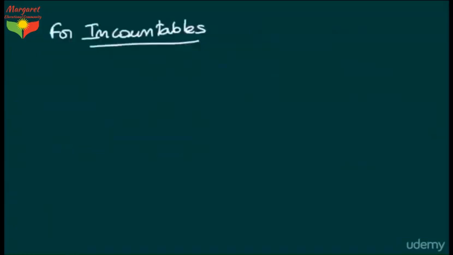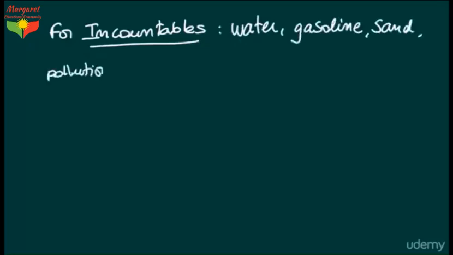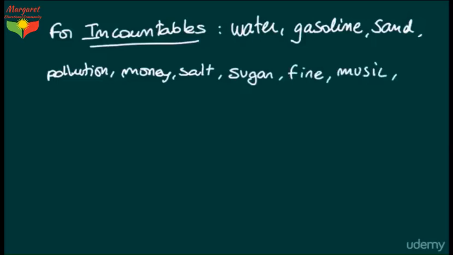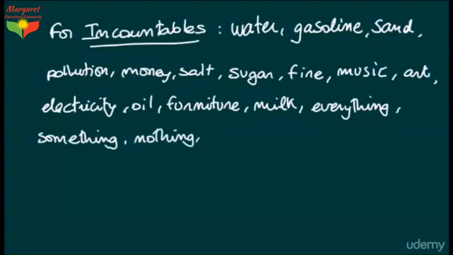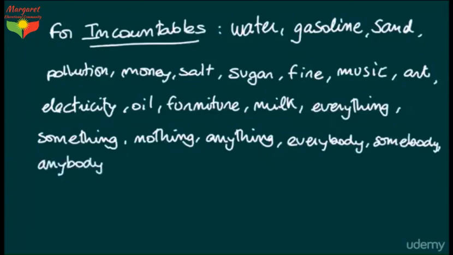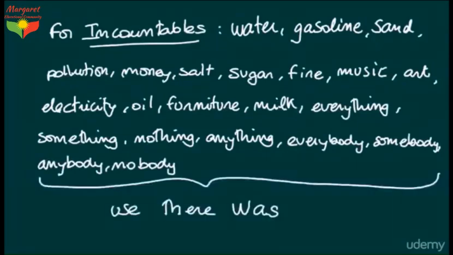When we want to say something that is uncountable, like water, gasoline, sand, pollution, money, salt, sugar, fire, music, art, electricity, oil, furniture, milk, everything, something, nothing, anything, everybody, somebody, anybody, nobody, we use there was.